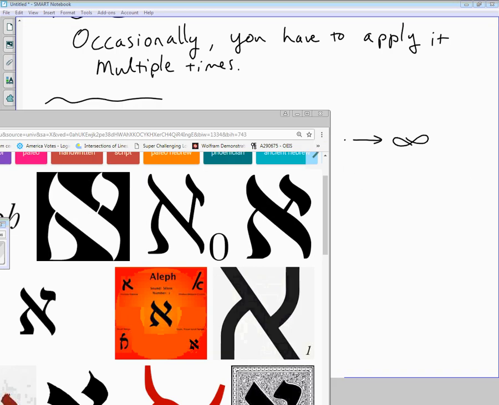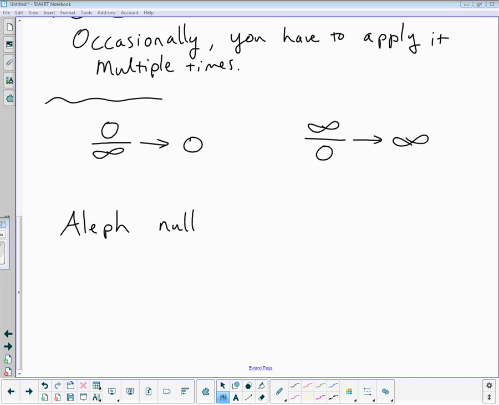But anyway, Aleph is the smallest infinity. And Aleph null is the infinity associated with the size, or the cardinality, of the natural numbers.